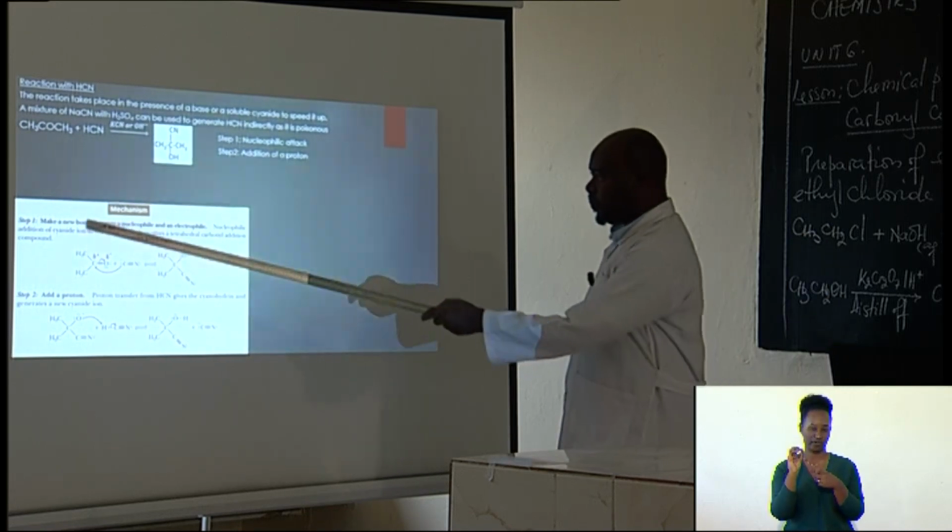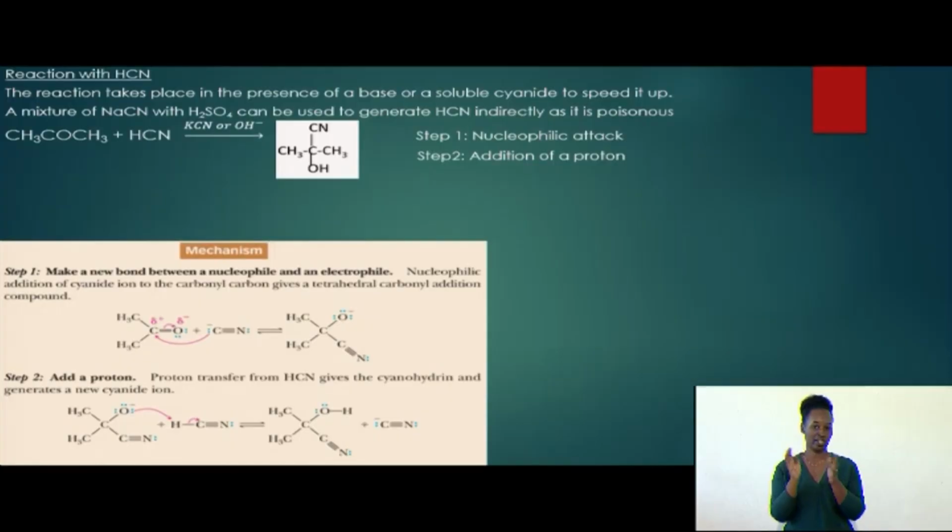Here we have the mechanism. The propanone molecule is reacting with the cyanide ion, and we have the negative part, which is attacking the positive carbon to open the bond towards the oxygen, and we get a negative intermediate.